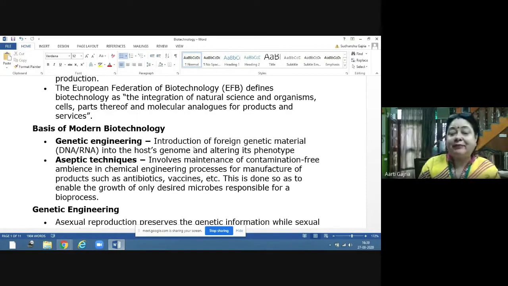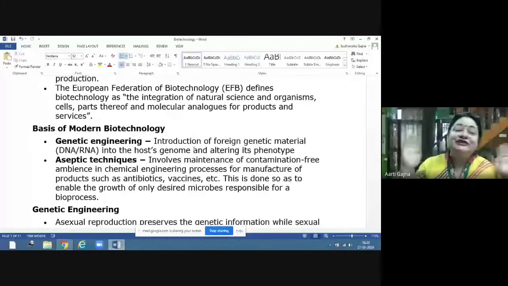These genes are present in some fishes also. So in some countries, they have isolated that gene, which is responsible for that glow in the night, and they have incorporated that gene into the street plants, street trees.